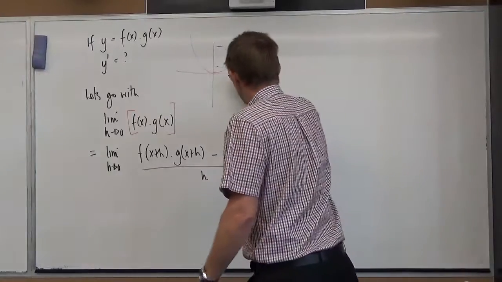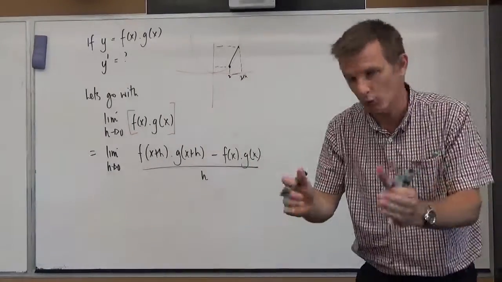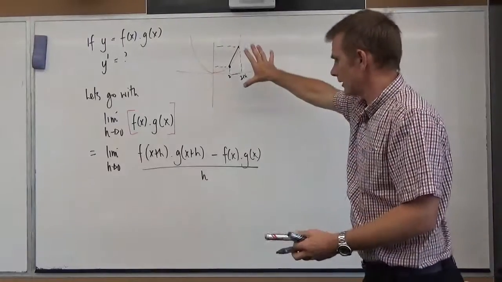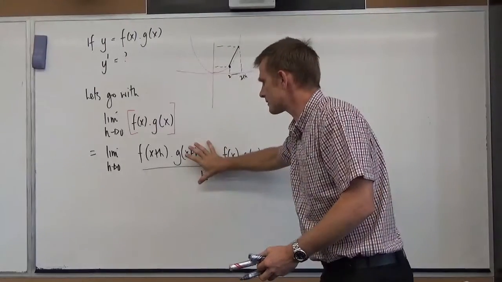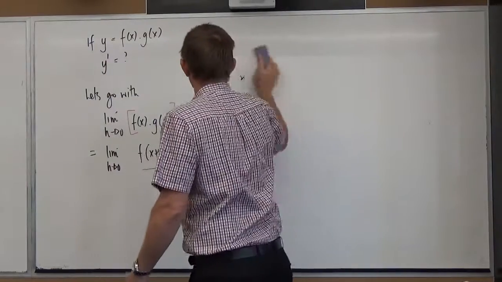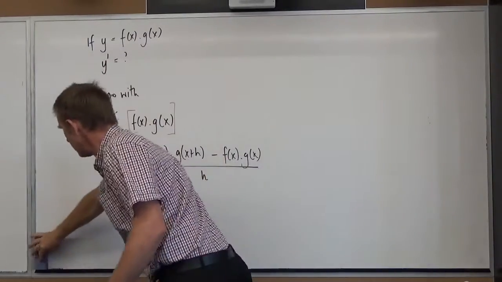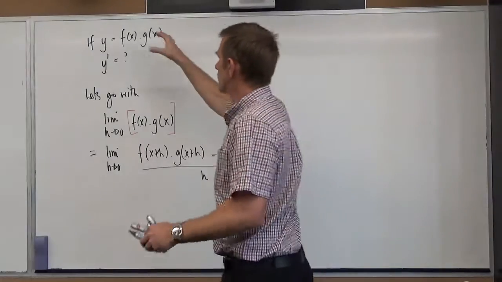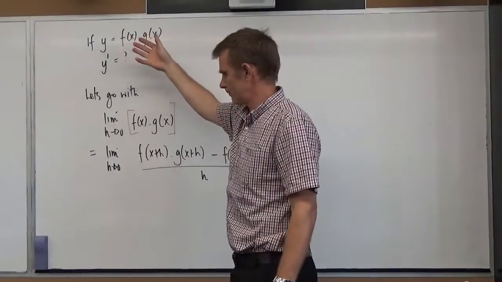And what I'm doing is shrinking down that distance smaller and smaller as h approaches 0. I'm doing exactly the same thing here, just with a different function now. So don't see it as anything radically different. It's not. I'm applying differentiation by first principles to a more complicated function.